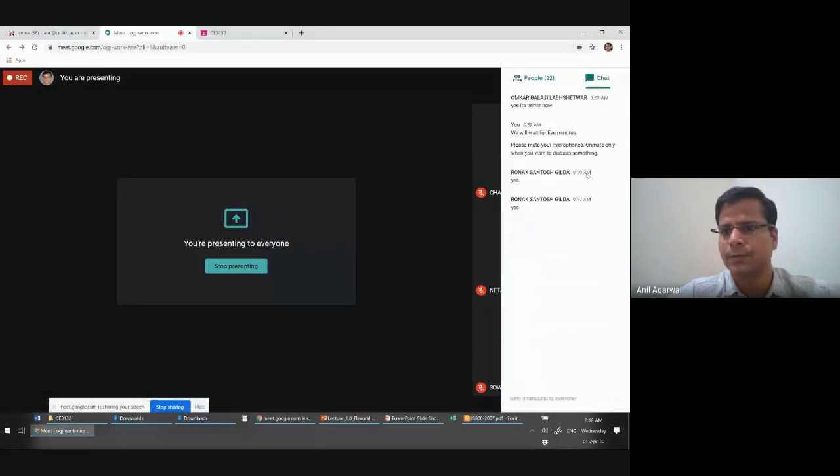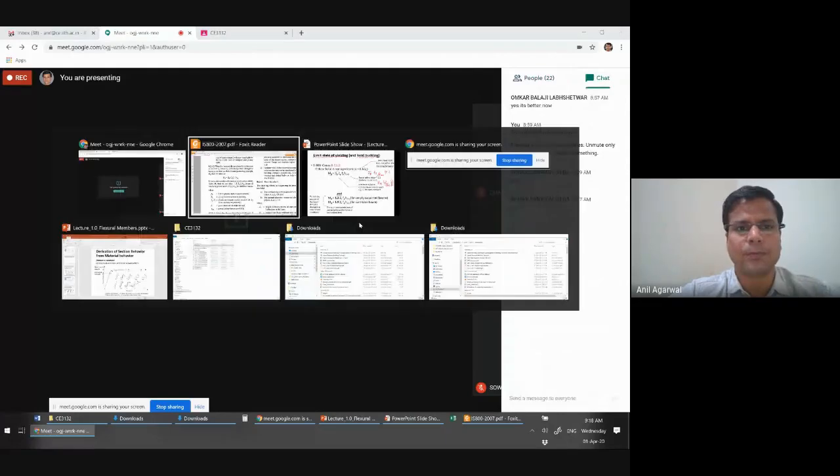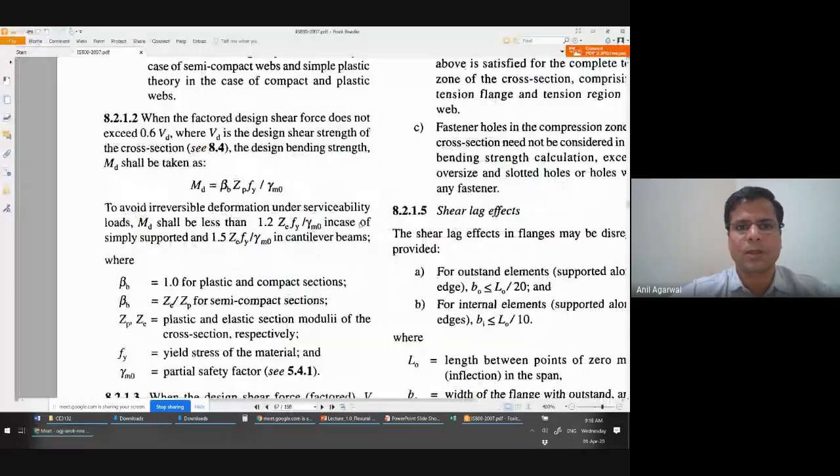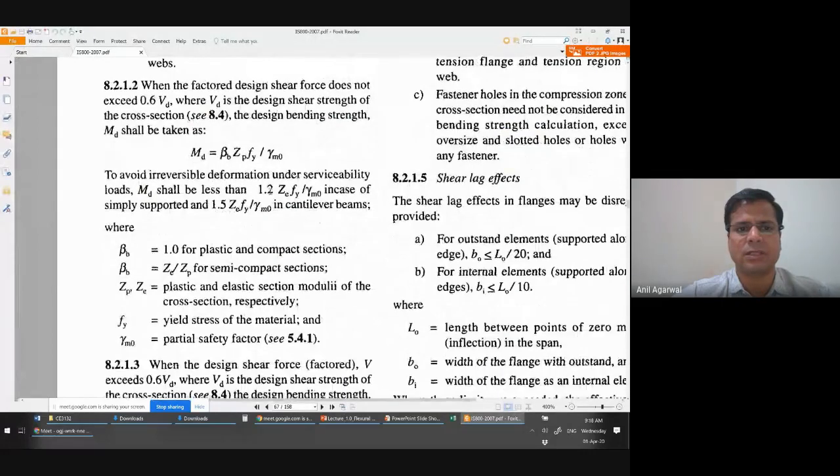Somebody has, yeah. Okay. So in this 8212, here is that expression beta B ZP Fy by gamma M0 that we have just seen.